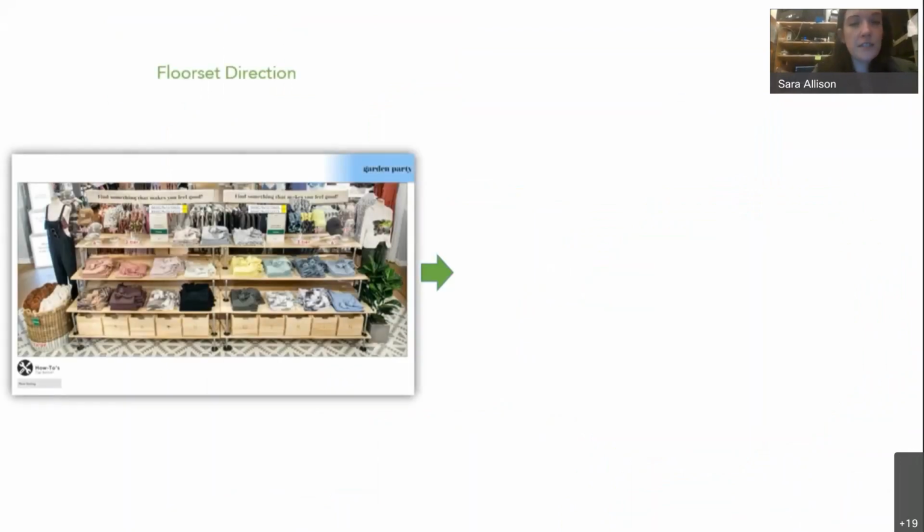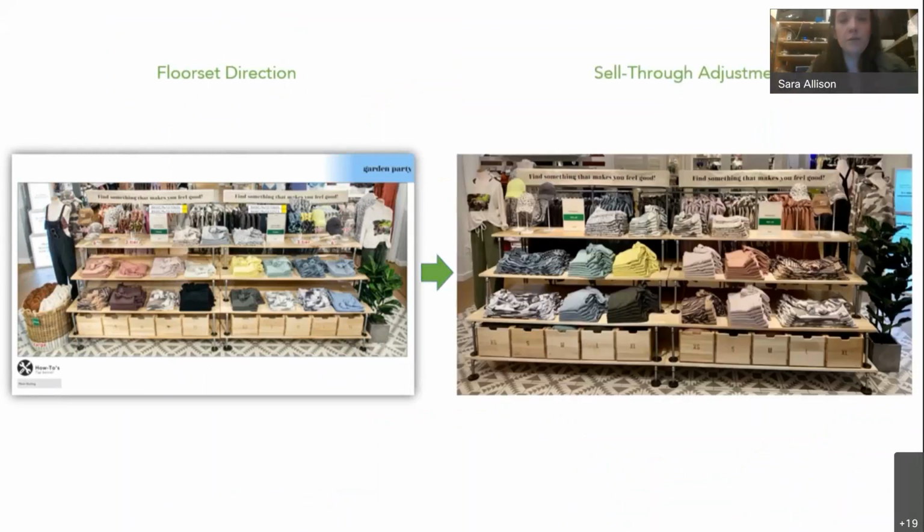Okay, so the next example is the original direction on the left side. We really wanted to keep this presentation true to the key items, so we didn't want to bring in any other items to muddy up this great sweatshirt presentation. You have to look really hard to tell even what they did because the fixtures look very similar, but they took the colors they did have into a fashion fold, which is a wider fold than the original quarter fold.